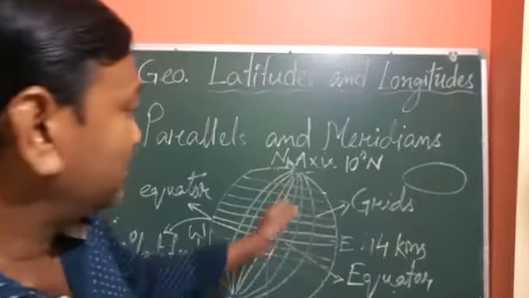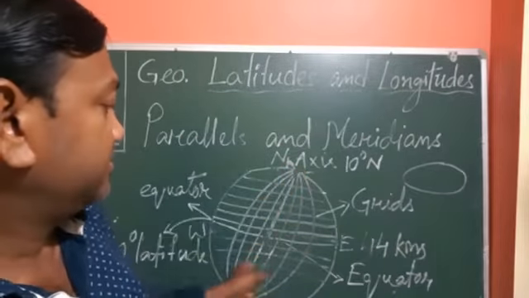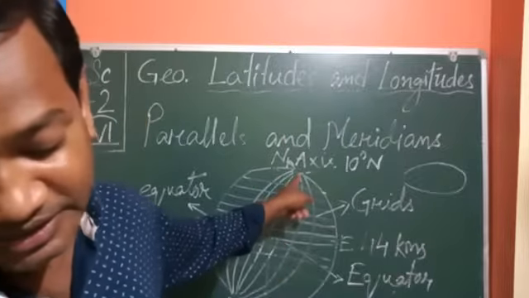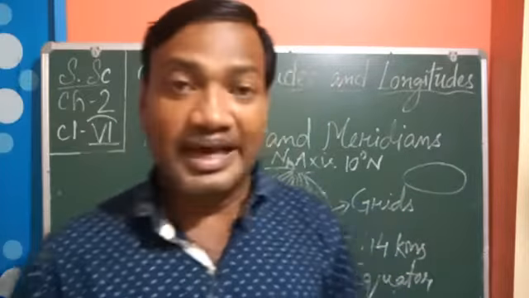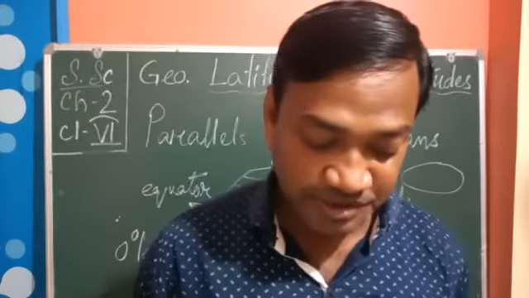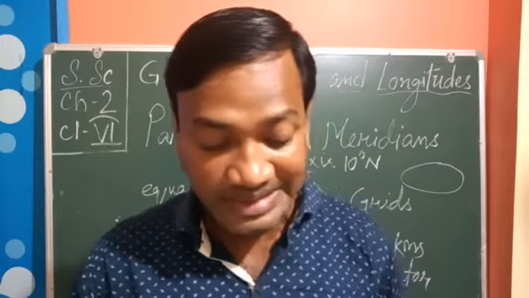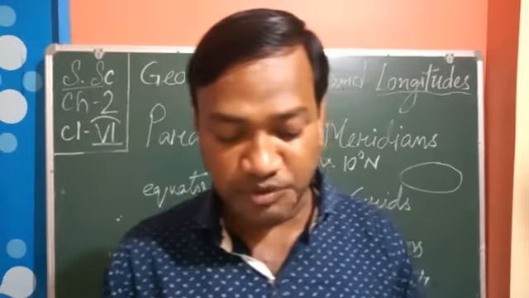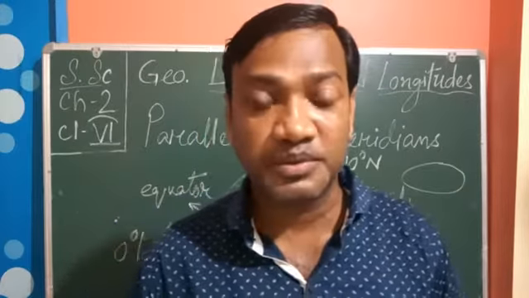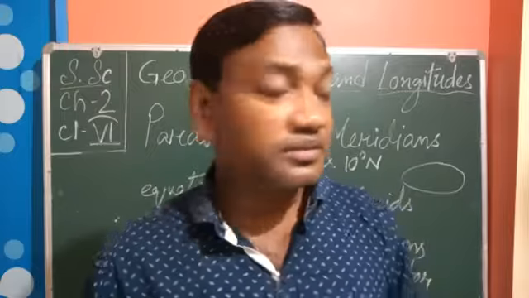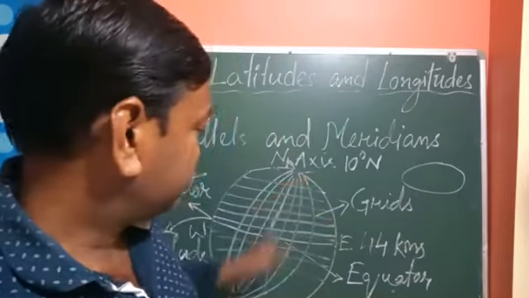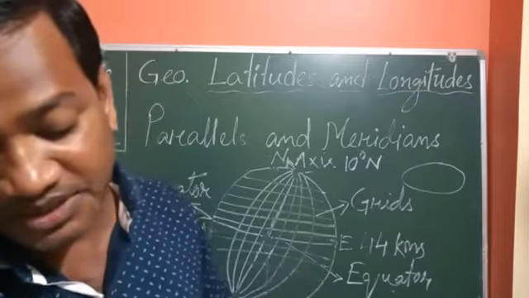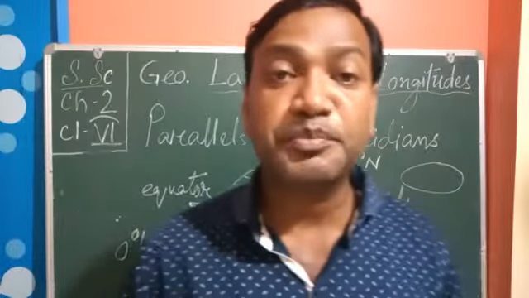So here if we measure, it creates a 66.5 degree angle. This inclination of the earth's axis helps us to mark the following important parallels on the globe.